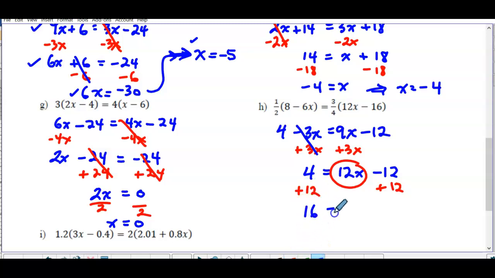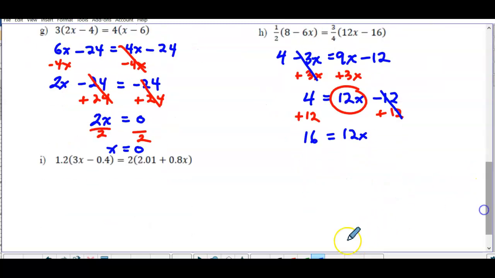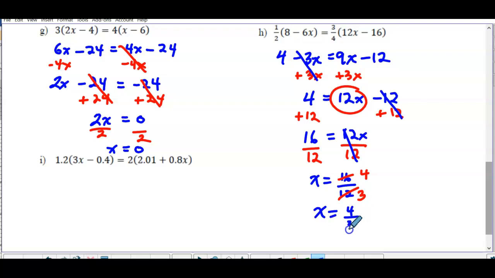It's going to be 16 equals 12x, because that goes to 0. And then we divide both sides by 12. And so we get x equals 16 over 12, but 4 goes into both of these. So reduce it. x equals 4/3.